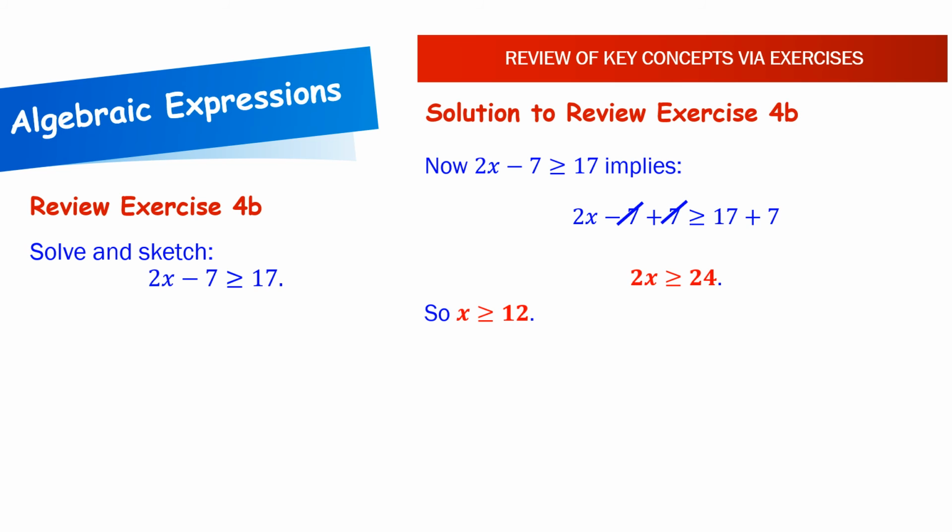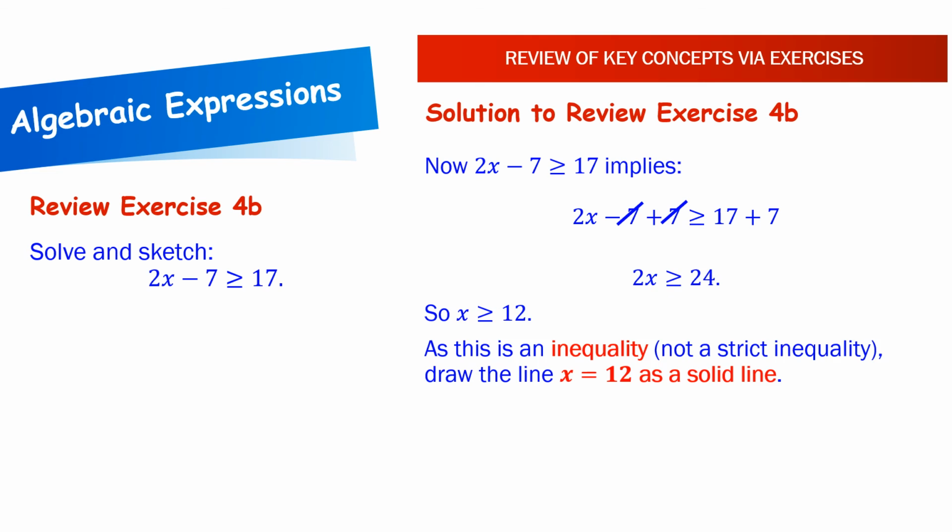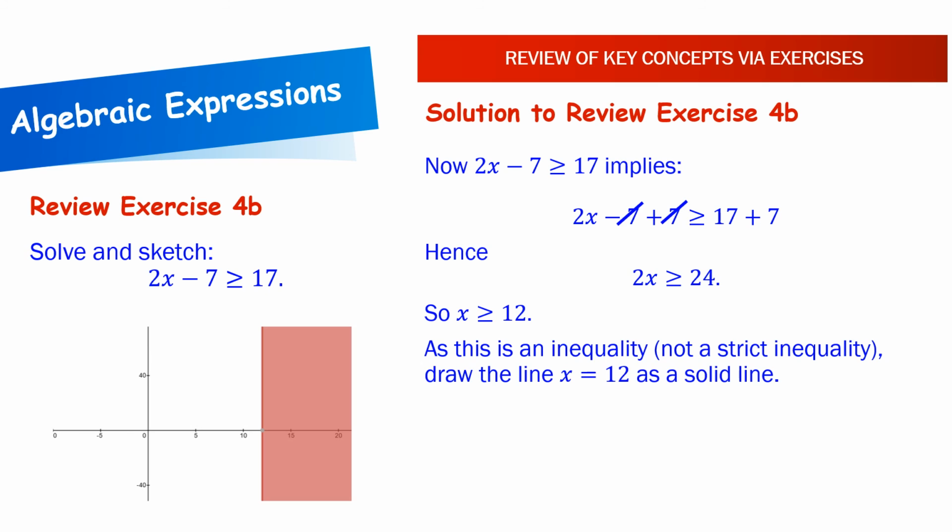As you can see, we've simply divided by 2 to obtain this. As this is not a strict inequality, we draw the line x equals 12 as a solid line. And the region 2x minus 7 greater than or equal to 17, or equivalently x is greater than or equal to 12, is the shaded region to the right of and including the line at x equals 12.